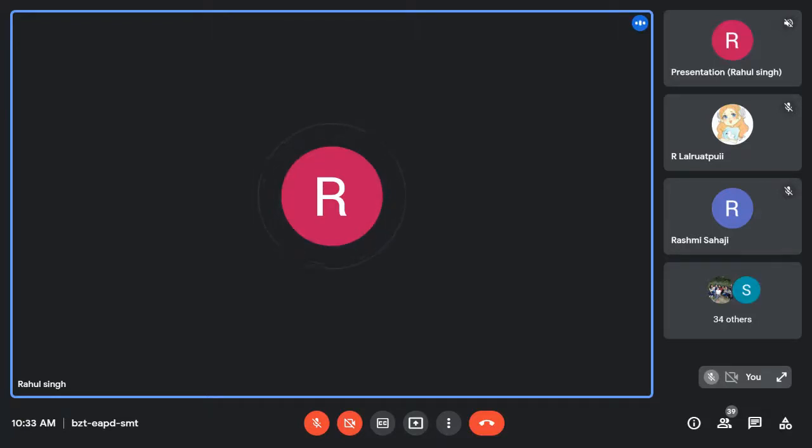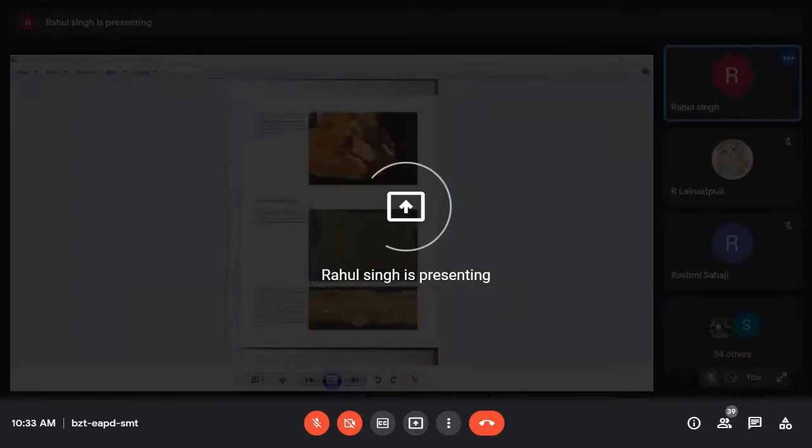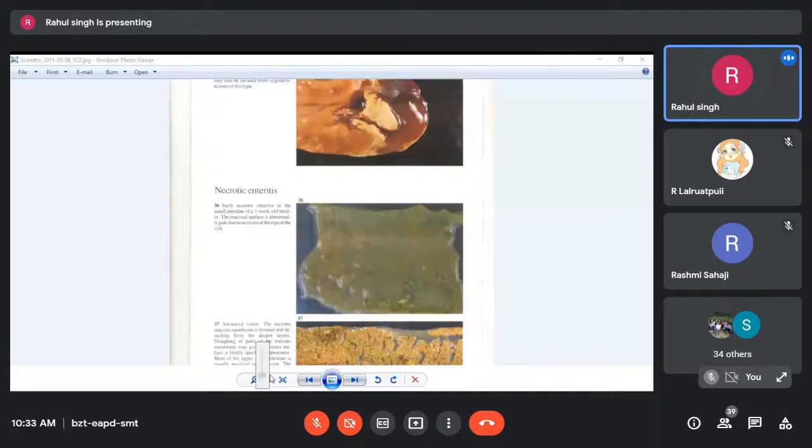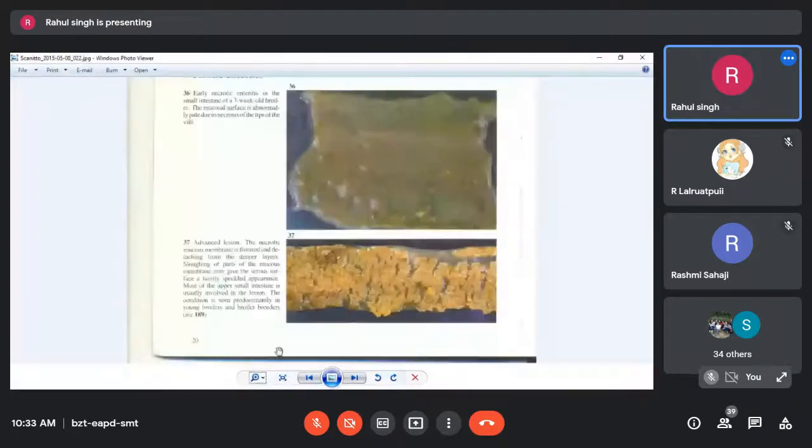Now, if you see this Turkish towel appearance here, and compare it with what you have just now seen, can you understand this? The rough, fibrous surface of the fibrinous deposits. Is it all right?